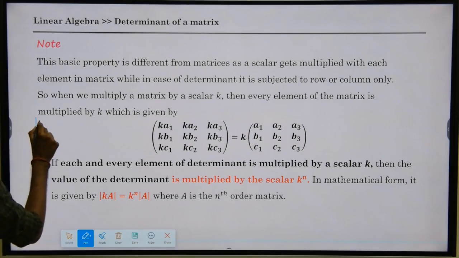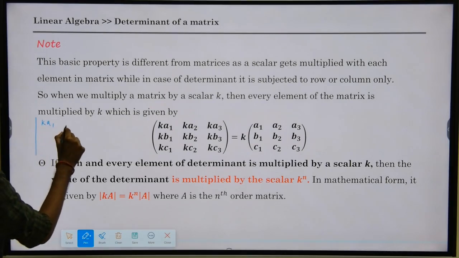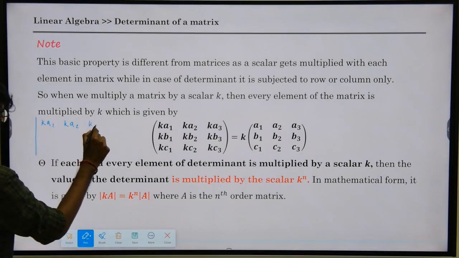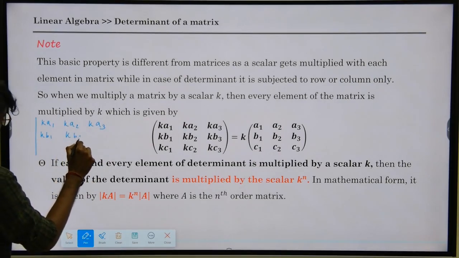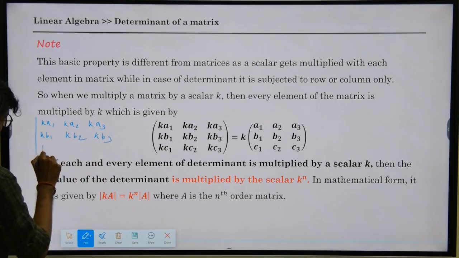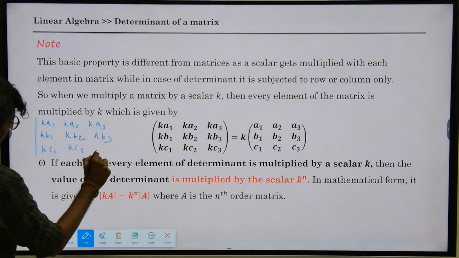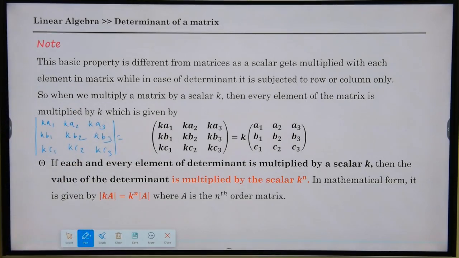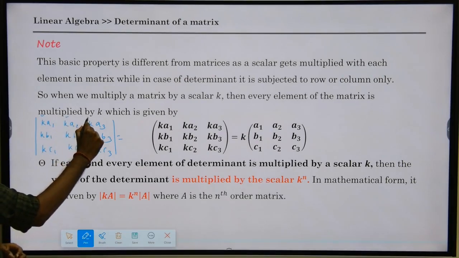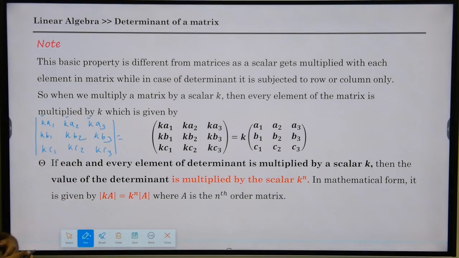So determinant of K1, K2, K3, KB1, KB2, KB3, KC1, KC2, KC3, and that will be equal to what? Can I write it as K into determinant of A1, A2, A3, B1, B2, B3? K cube, yes. From each row I need to take, or from each column I need to take one K.